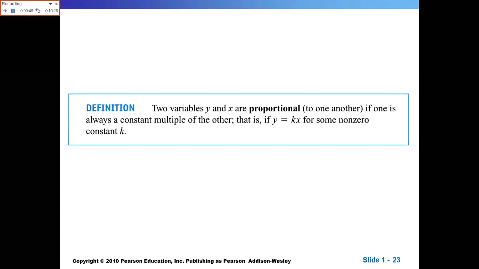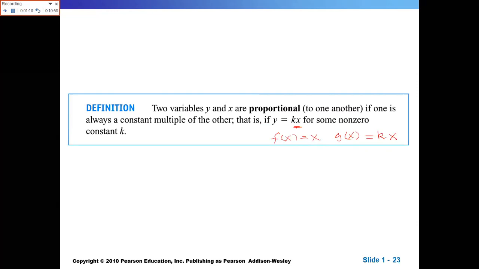What is the name of the original function? f of x. This is like saying f of x equal to x. Now we're going to have g of x equal to k times x. So g of x will no longer be the same as x. It's going to have an impact.